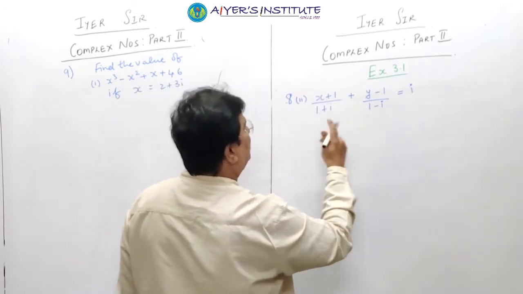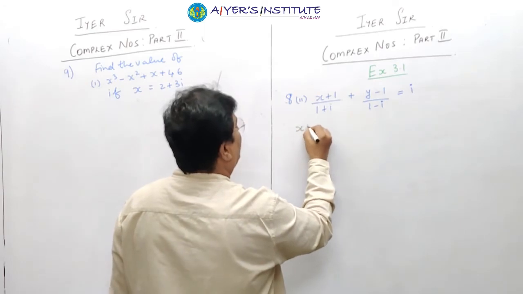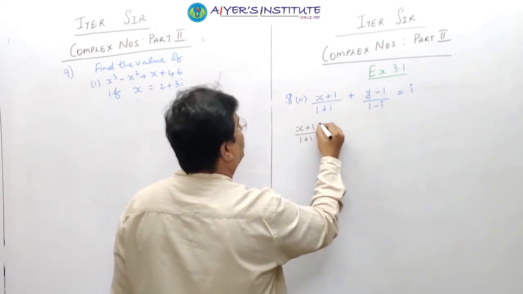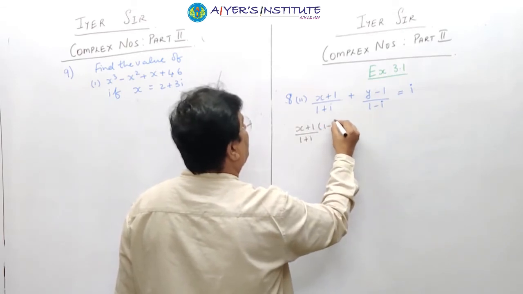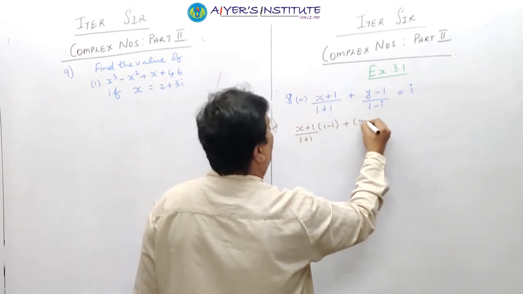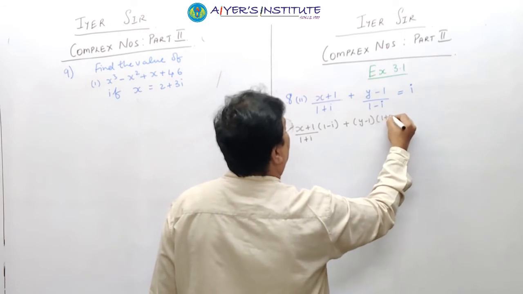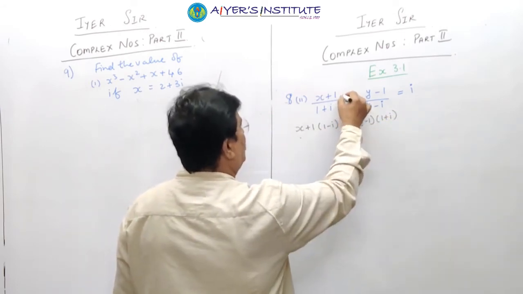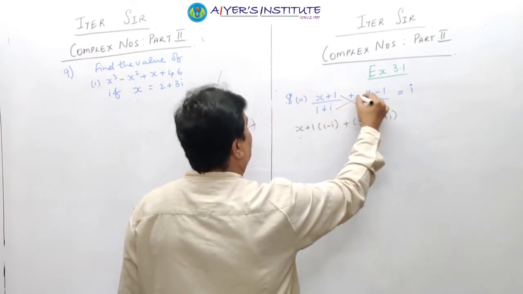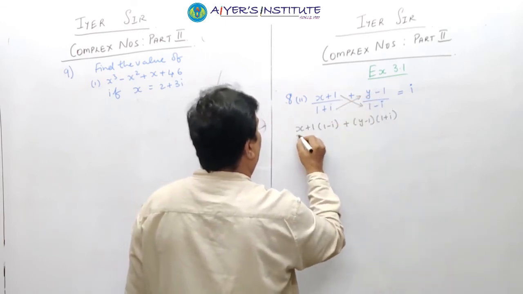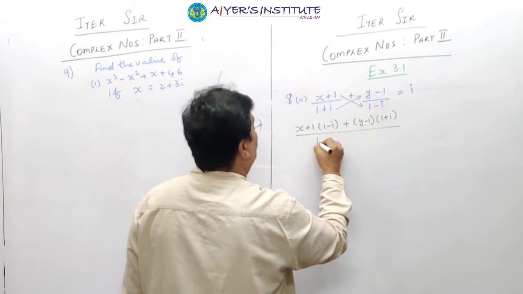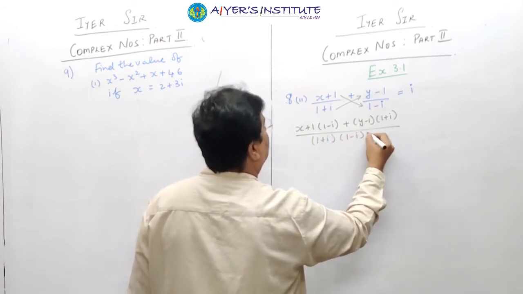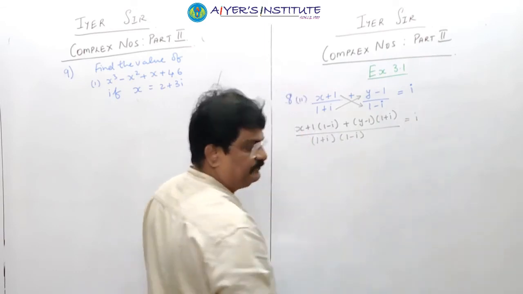Here we can see the conjugate, so we take x plus 1 upon 1 plus i, 1 minus i, y minus 1, 1 plus i. So what we have done, we have just done cross multiplication. Upon 1 plus i, 1 minus i is equal to i.